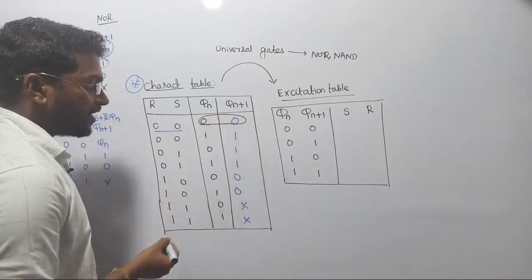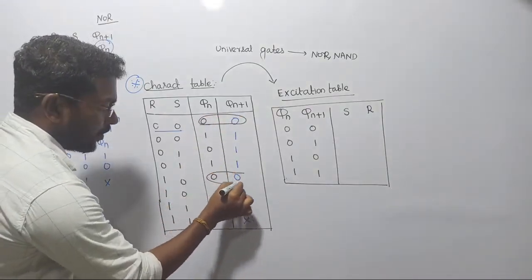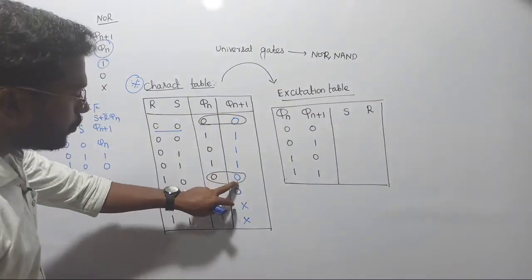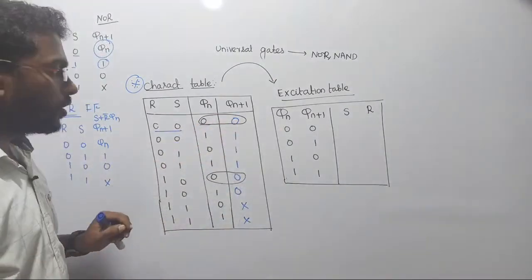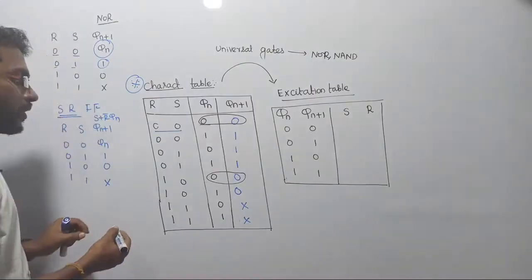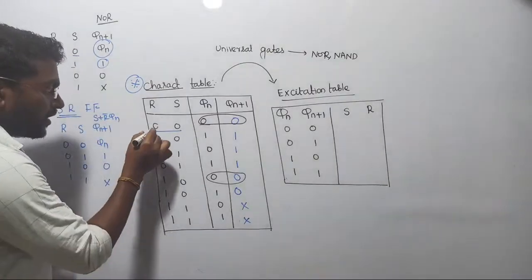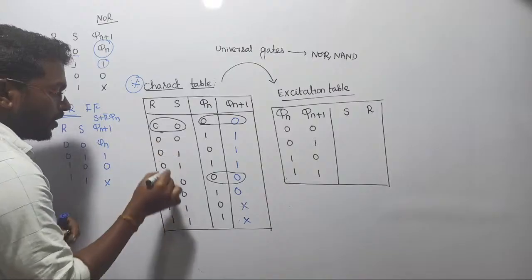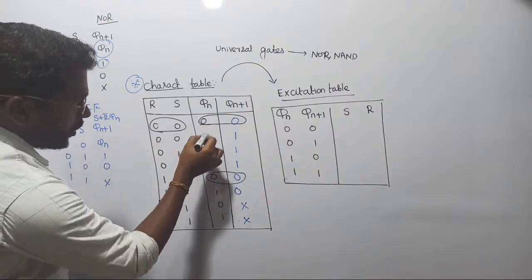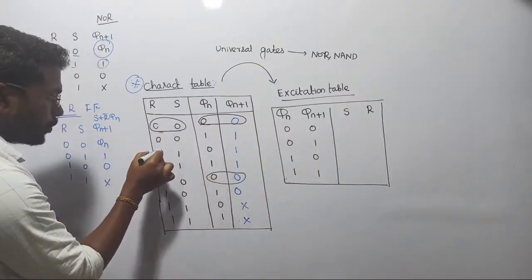Is there any other combo? Yes, here there is, observe. Past output 0, present output 0. So when it is like this, its correspondent possible inputs are 0 0 and, here, 1 2 3 4 5.